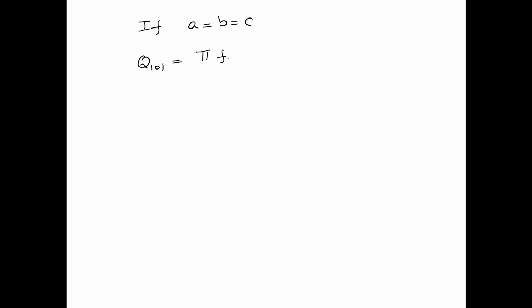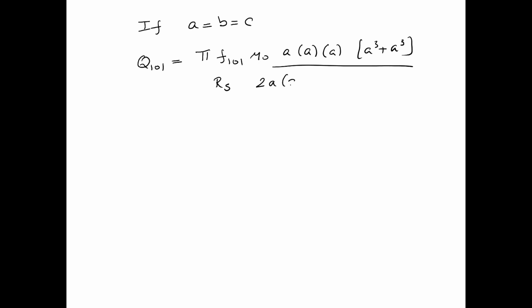This becomes pi F101 mu naught A, with A instead of B and A instead of C, times A cube plus A cube, divided by RS times 2A cube plus A cube plus A square plus A square.